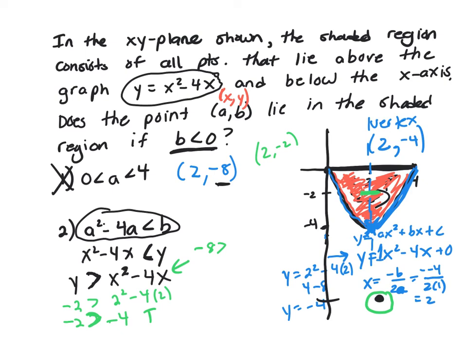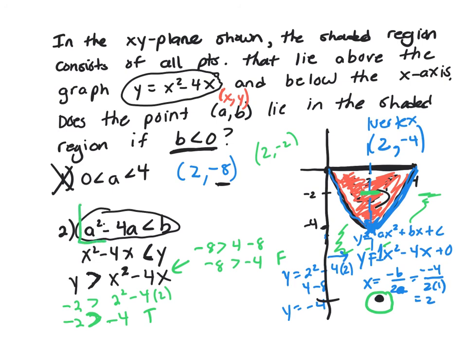Positive 2, so plug a 2 in there and you get 4. 2 times 2 is 4 minus 4 times 2 is 8. And I got -8 is greater than -4. Is that true? No, it's false. -8 is less than -4. In fact, any ordered pair that you were to pick on the outside here would give you a false statement, and you want to shade the side that makes it true.